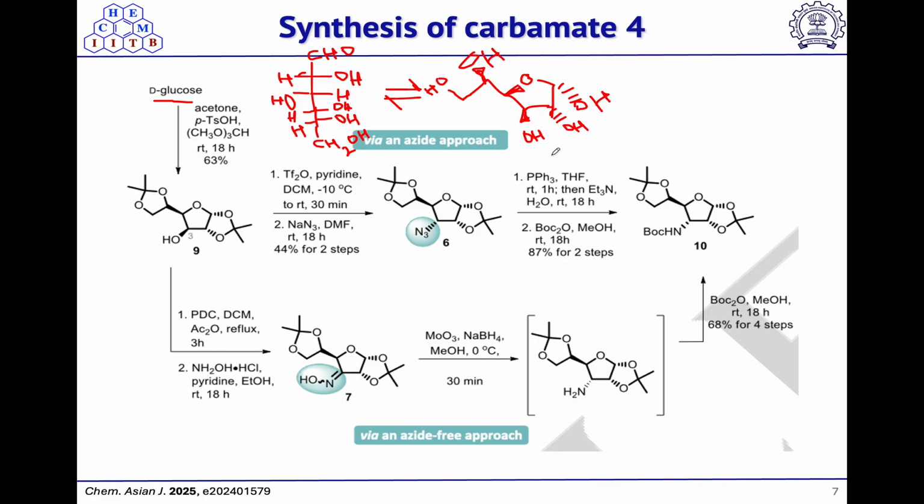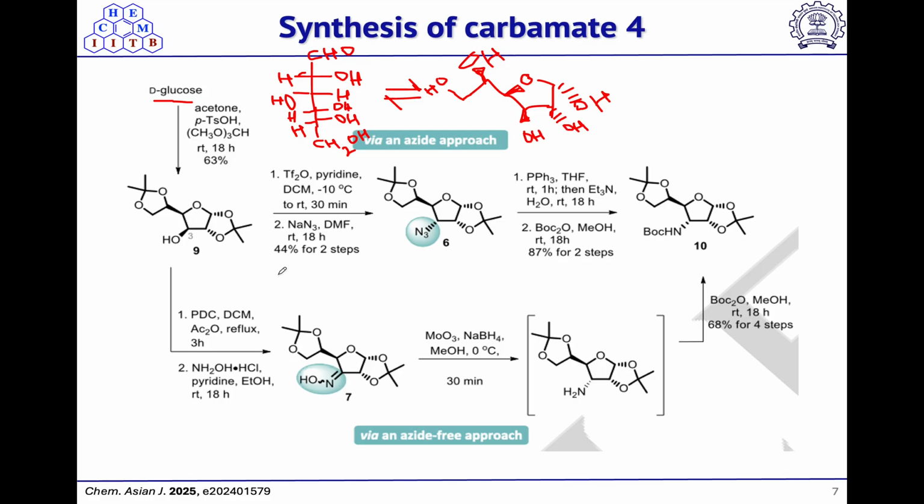Now as you see, we are treating this D-glucose with acetone and p-toluenesulfonic acid, that is an acid catalyst, and this is trimethyl orthoformate. So what will happen in acetone? Both the 1,2 and 5,6 diols will get protected. Basically these two alcohols are cis, both are alpha. They will get protected with this acetone, and these two alcohols also get protected with this acetone. So it will give this compound 9.